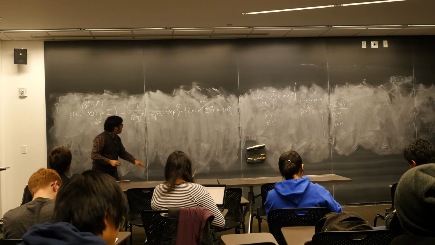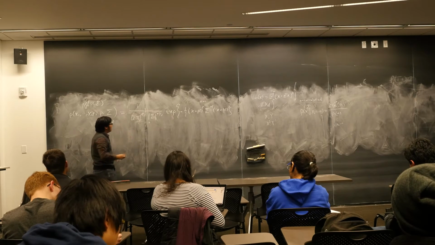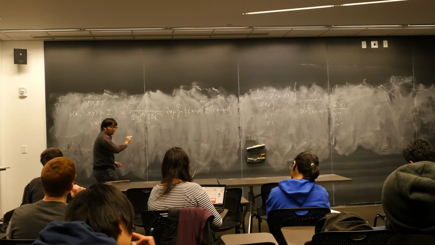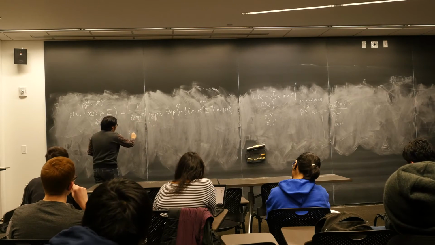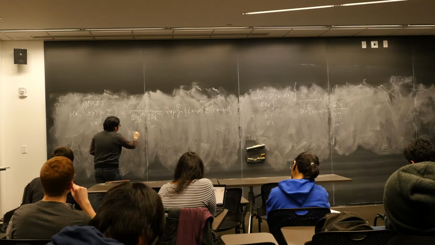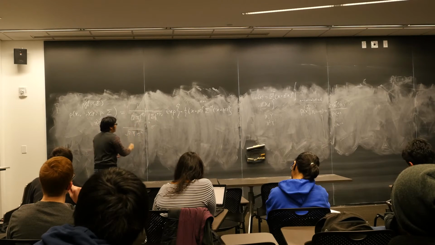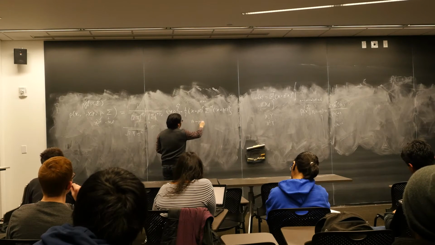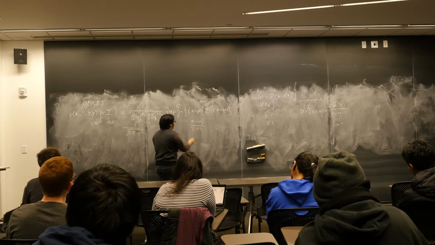So this is similar to the one-dimensional case, right? In the one-dimensional case, sigma will just be a number. It will be the variance. So this will become the square root of 2 pi sigma squared in the denominator, and this thing will become x minus mu squared divided by 2 sigma squared.